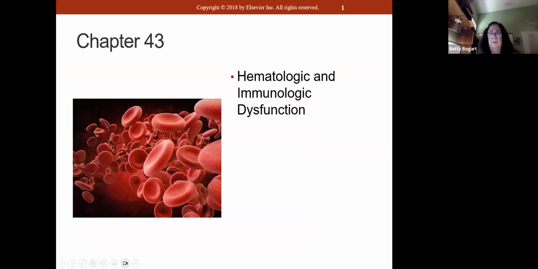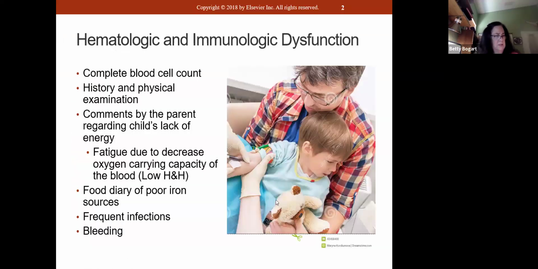So hematological, immunological dysfunction. When you think of hematology, immunology, you're thinking of immune system and you're thinking of blood, right? So how do we look at these things and evaluate, assess it? Anything that has to do with blood is a simple CBC.